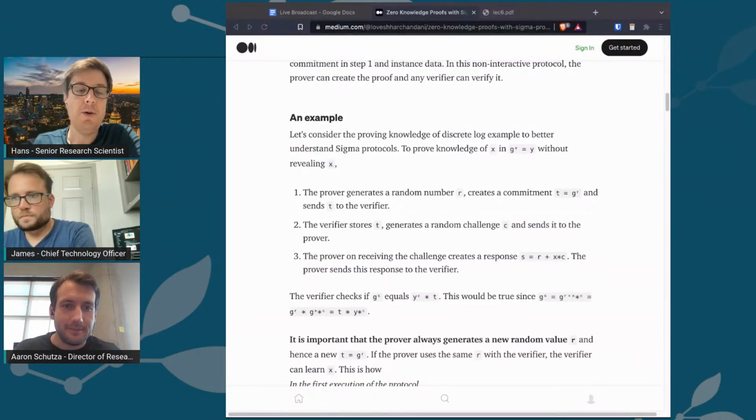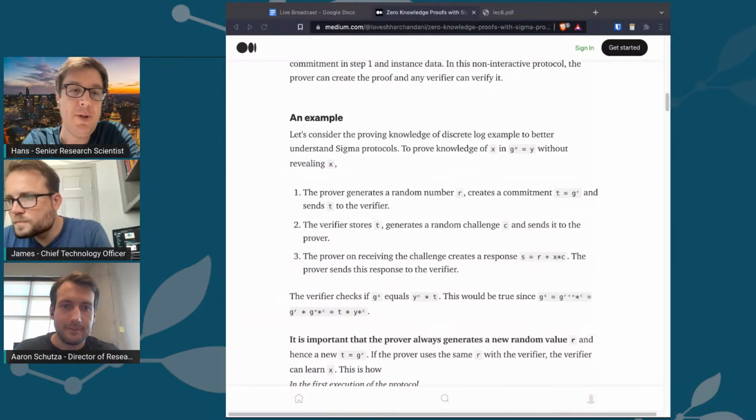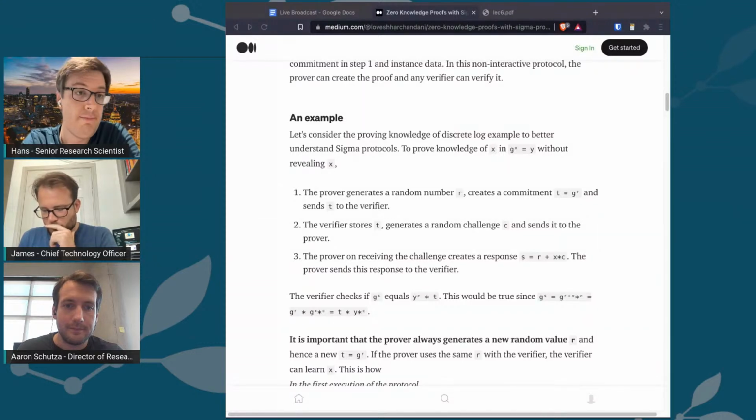For me, I find it's easier to start with a concrete example, and then we can go to the high level abstraction. The quintessential example that I'd like to start with is using the discrete log problem to do Schnorr signatures.